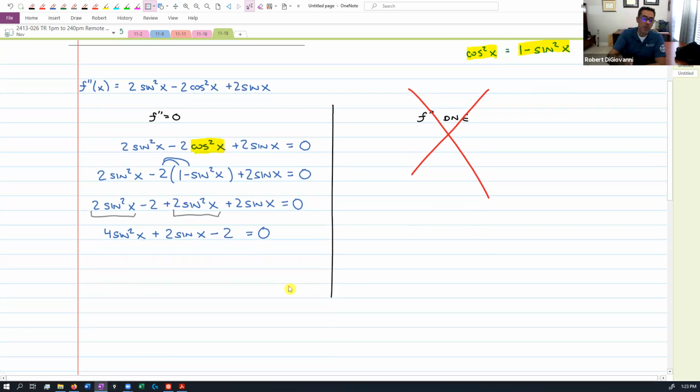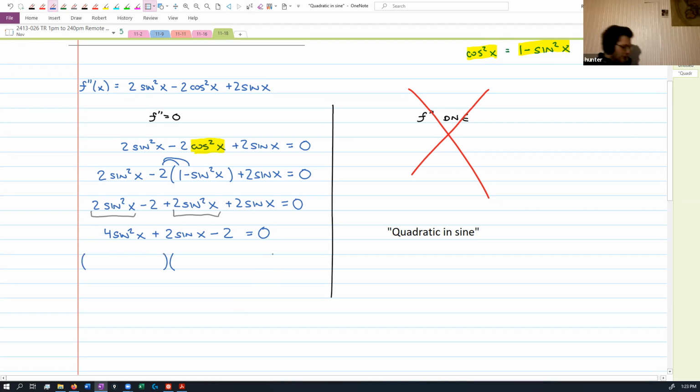And now what we're looking at is a quadratic. That right there is what we call a quadratic in sine, meaning that the thing that's being squared is a sine function. So this is a quadratic in sine, which means we should hopefully be able to factor this.